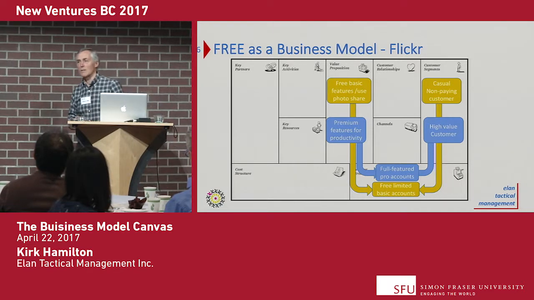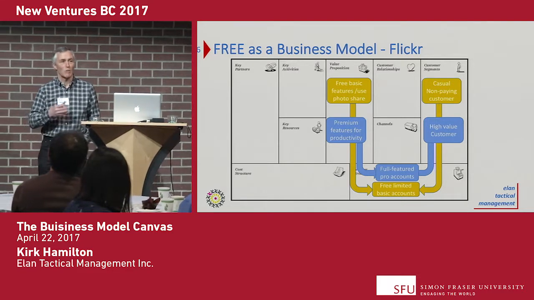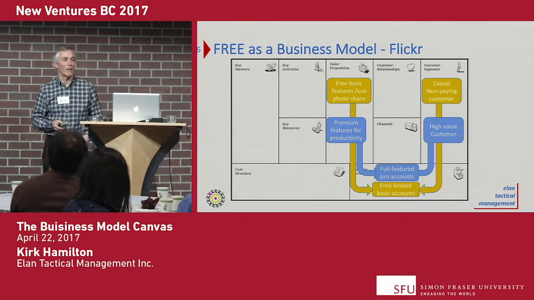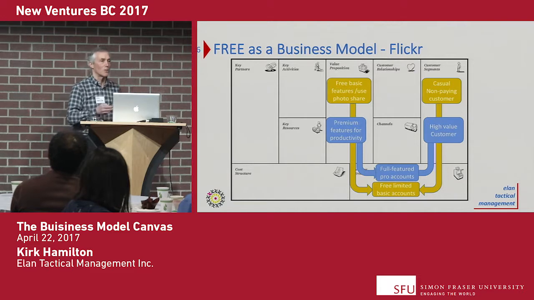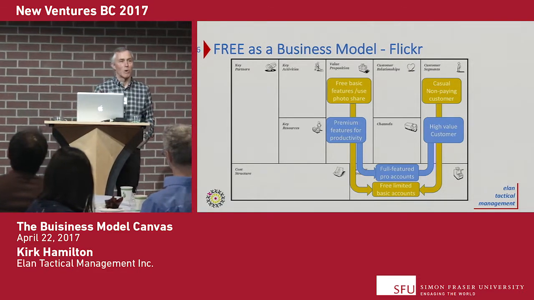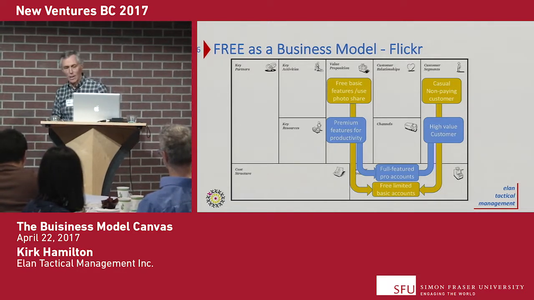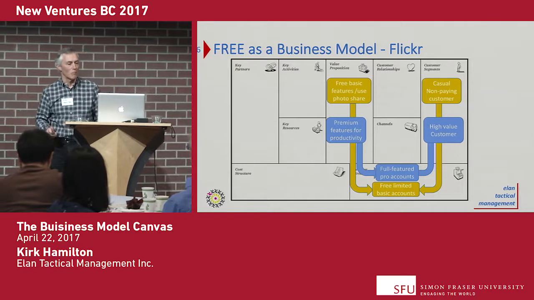There are other examples. In software, CRM systems are free for very limited use, single use, SOHO use, and then as soon as you add multiple users and become more of a business, bingo, you have to pay to have multiple users on the same platform accessing the same database.